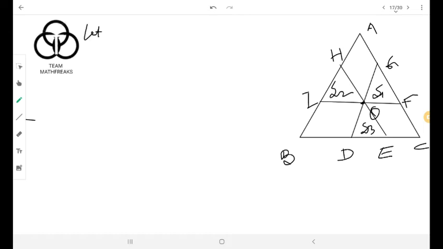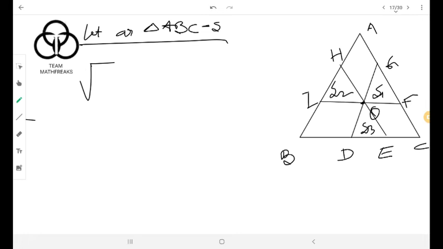Let the area of triangle ABC equal S. Okay. Now it's quite easy. First of all, can you just tell me what is the value of root of S1 over S? You just tell me this.